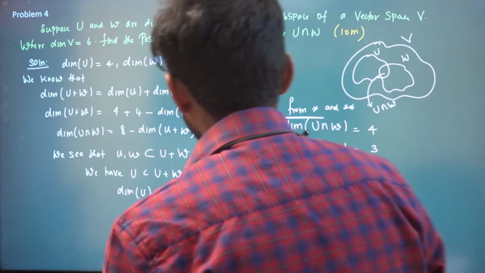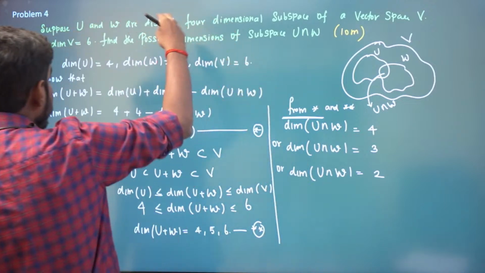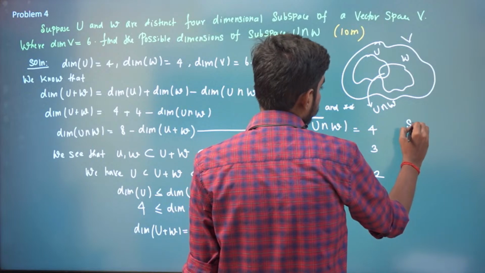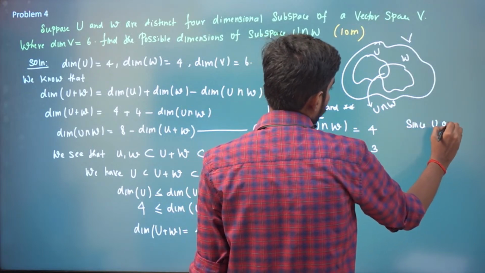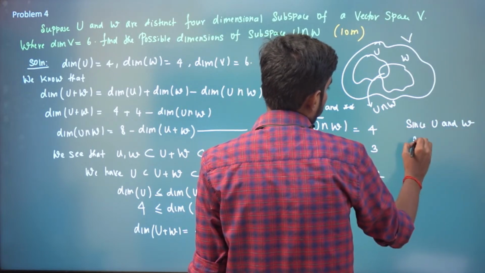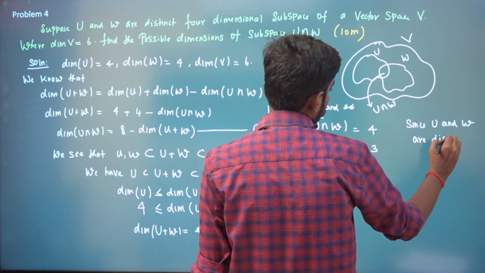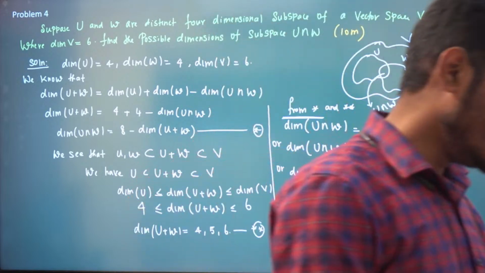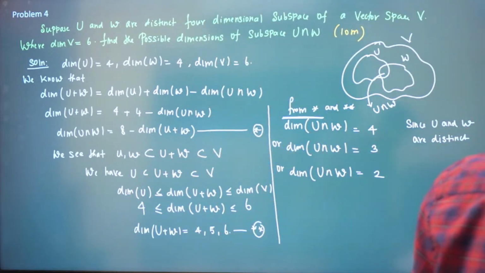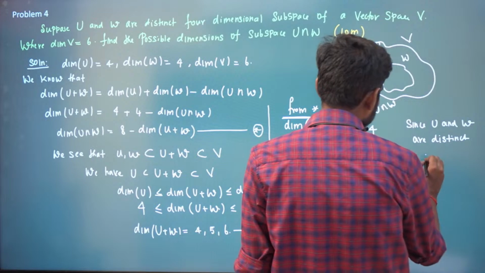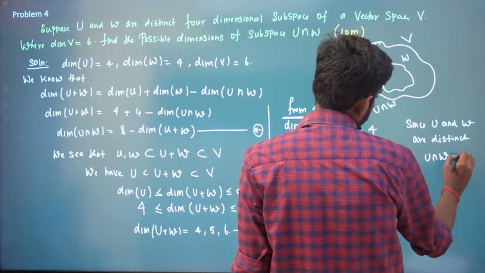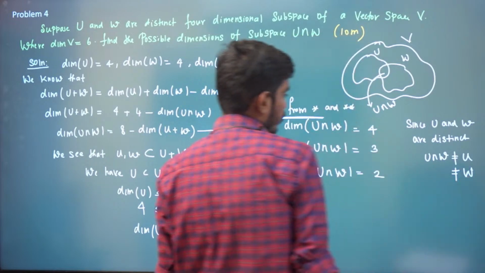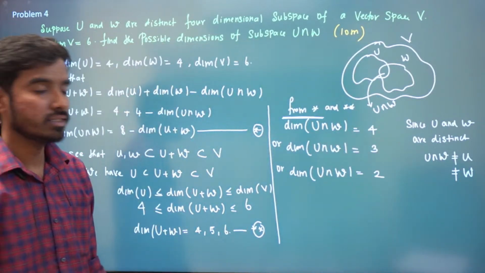Now you can see that U and W are distinct subspaces, right? Since U and W are distinct, U intersection W is not equal to U as well as not equal to W. Yes or no? Because they are distinct.